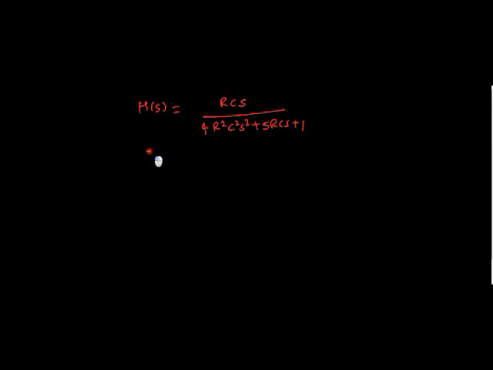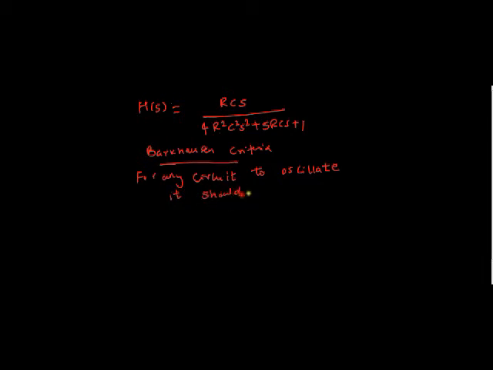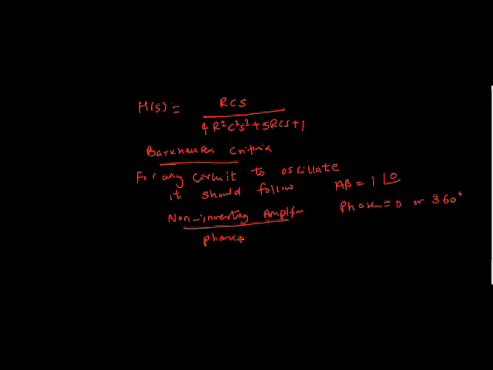As I said earlier, the Barkhausen criteria states that for any circuit to oscillate, it should follow this condition: A beta should be 1 angle 0, that is, phase should be 0 or 360 degrees or multiples of 360 degrees. Since our Wien-Bridge oscillator uses a non-inverting amplifier, the forward phase is 0.